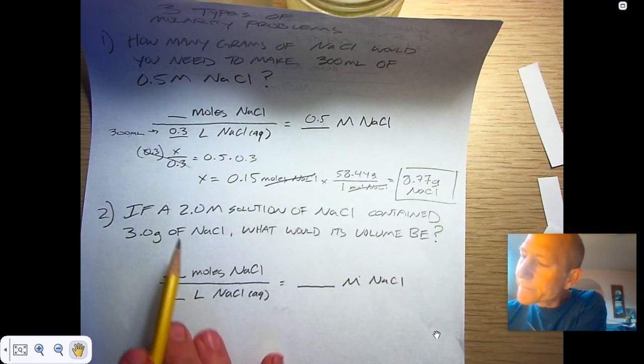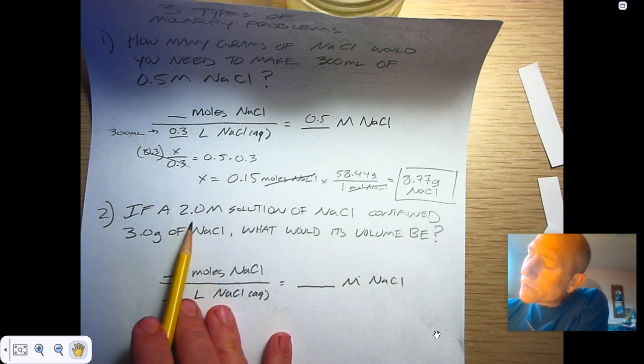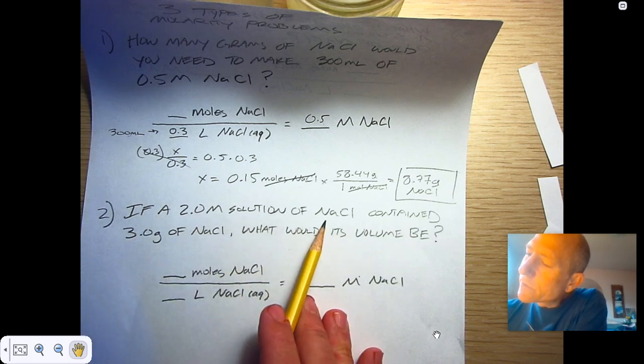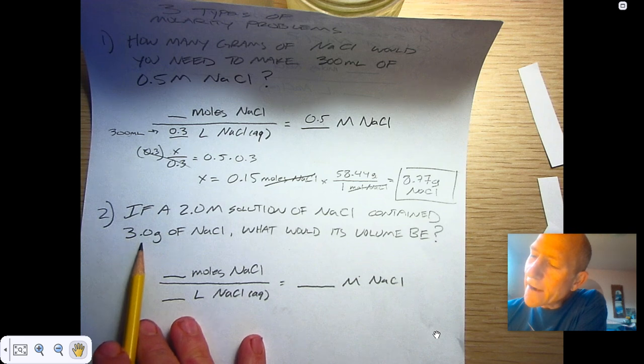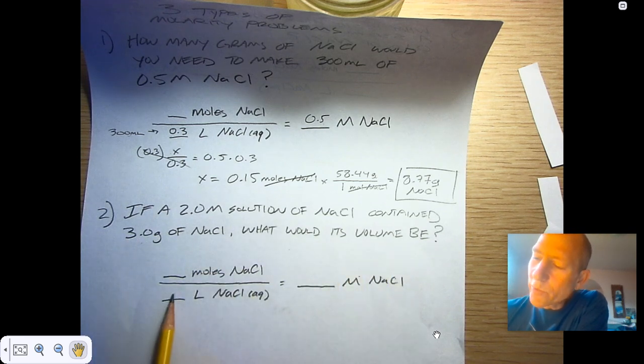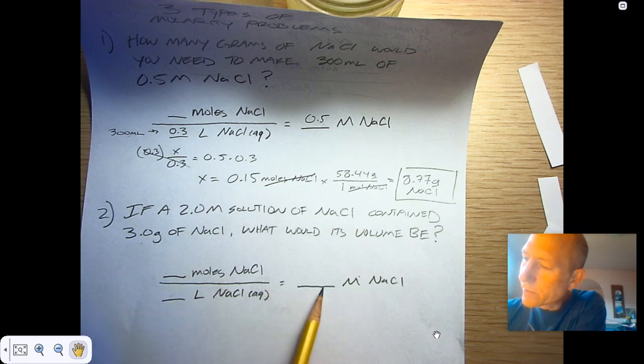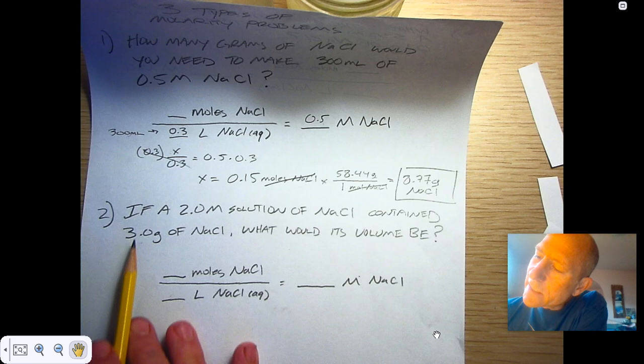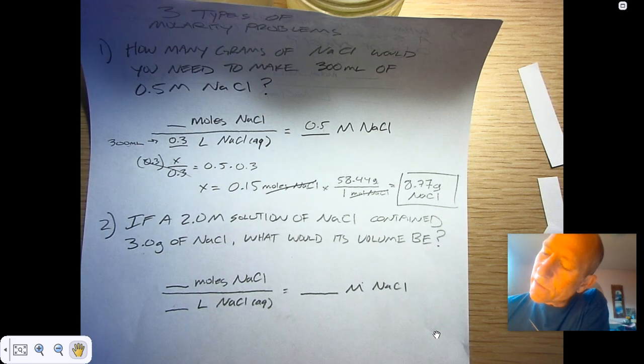So if a 2 molar solution of sodium chloride contained 3 grams of sodium chloride, what would its volume be? So we know that this is the number that we don't know, because it's asking what would its volume be. So we know this, and we know this. It says it has 3 grams of sodium chloride.